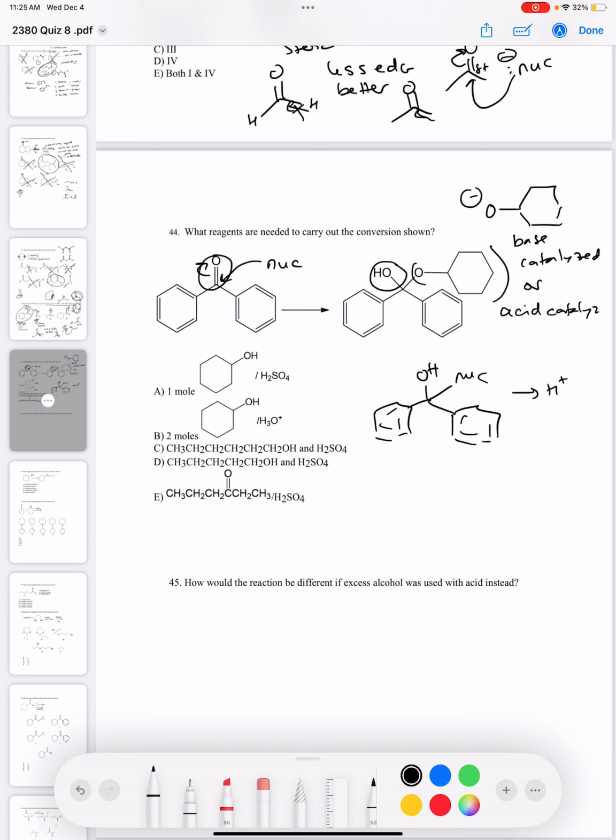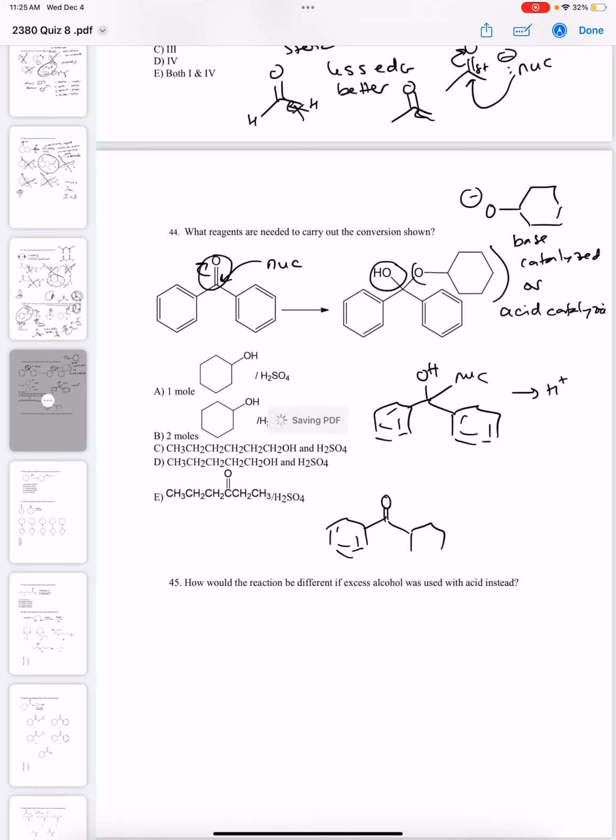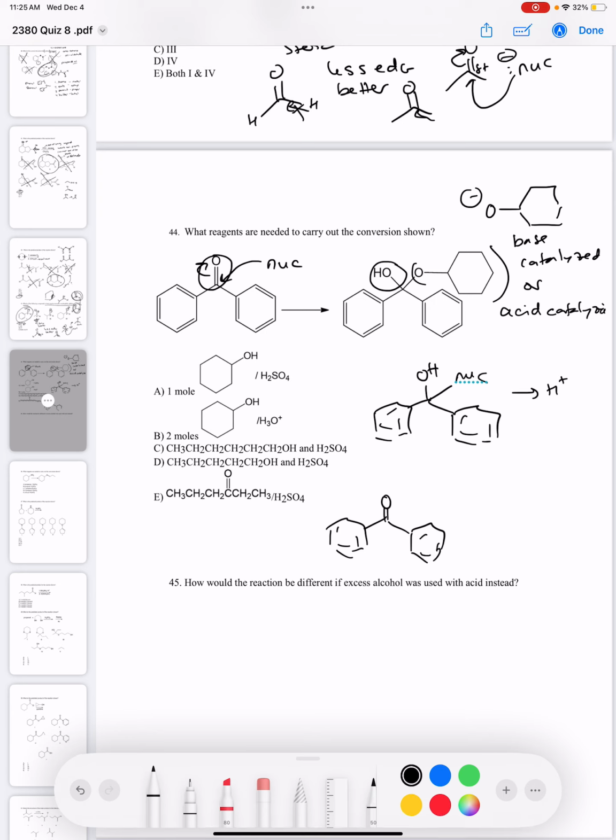So if we do acid catalyzed instead, the first thing that happens is the ketone would protonate, and then we would get a resonance structure with OH plus, and it would be able to go up, and you would get a resonance structure with OH, and this would be positively charged.